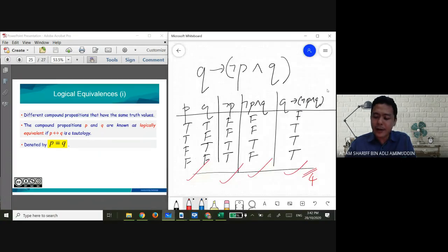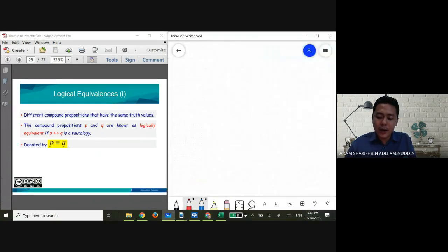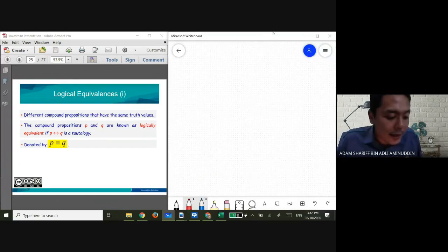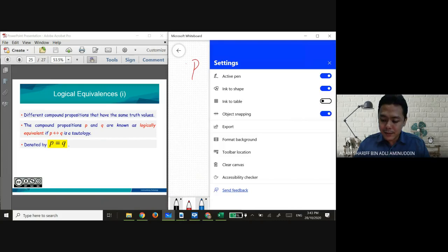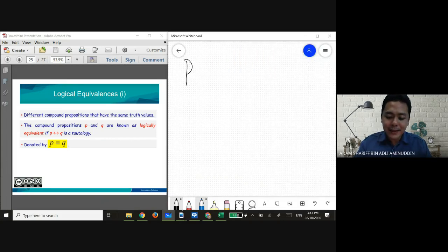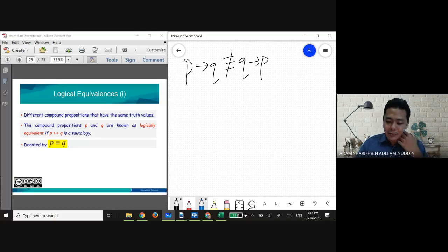Alright. When you already know how to develop the truth table, there are some properties, or benefits, of knowing that. Just now, I already said that P implies Q is not logically equivalent with Q implies P. I gave this example earlier.